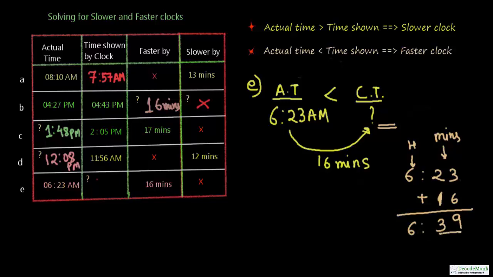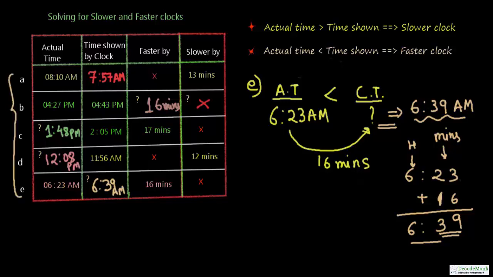You see that 39 is less than 60, so we need not jump to the next hour, that is 7. So the answer will be simply 6:39 a.m., which is in the early morning.